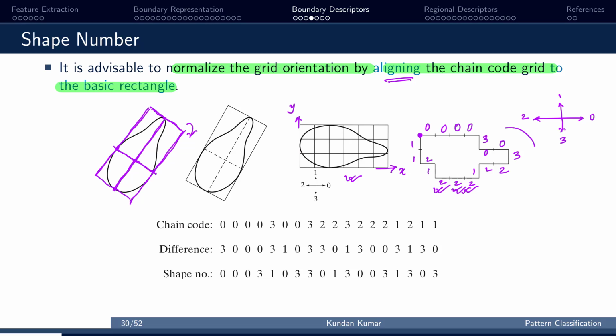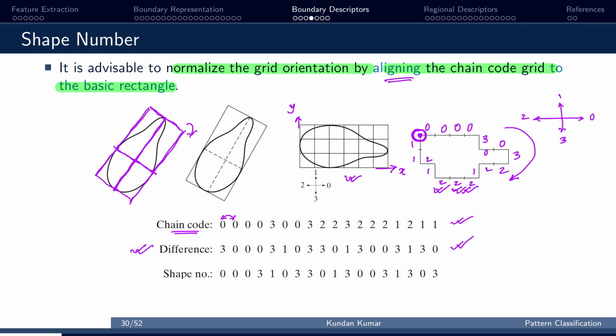When you write these numbers in a circular sequence, you obtain the Chain code. Then we can compute the first difference of the Chain code, and we will get the differential Chain code. This differential Chain code is rotation invariant, and we will make it independent of the initial point that we have chosen here.